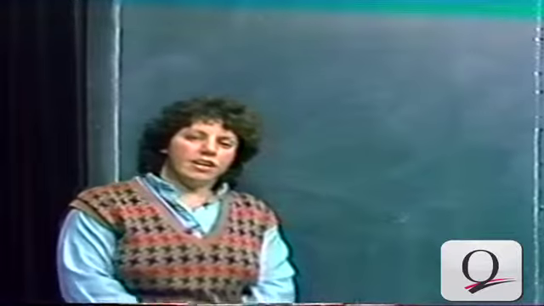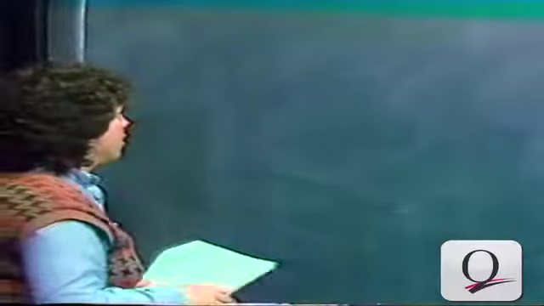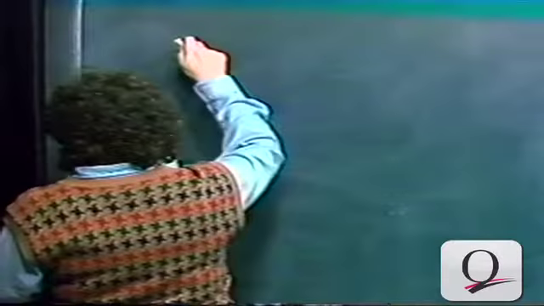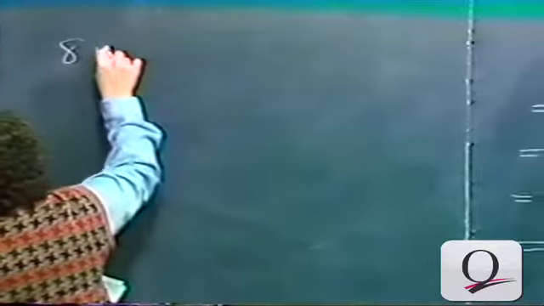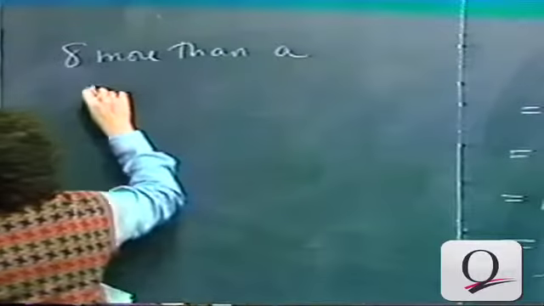Okay, I'd like to spend some time with you now translating English phrases and sentences into algebraic form. I will write down a phrase or sentence in English, and we will try to then write it in terms of algebra. 8 more than a number.